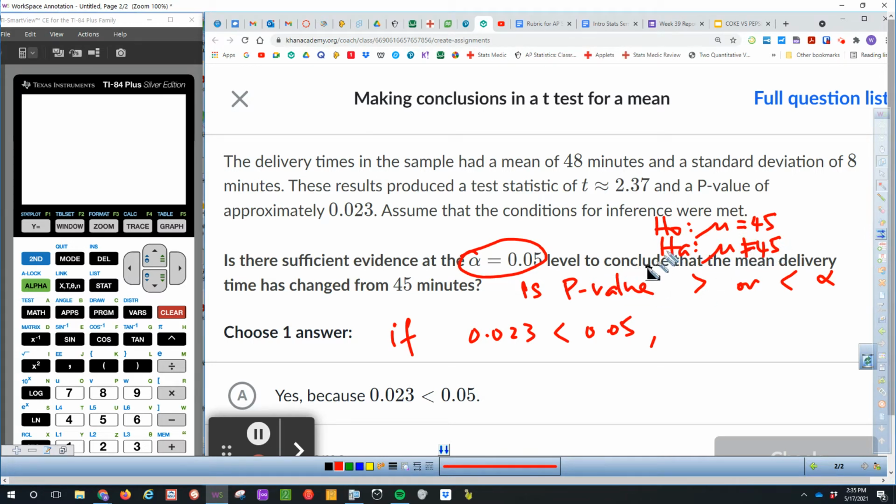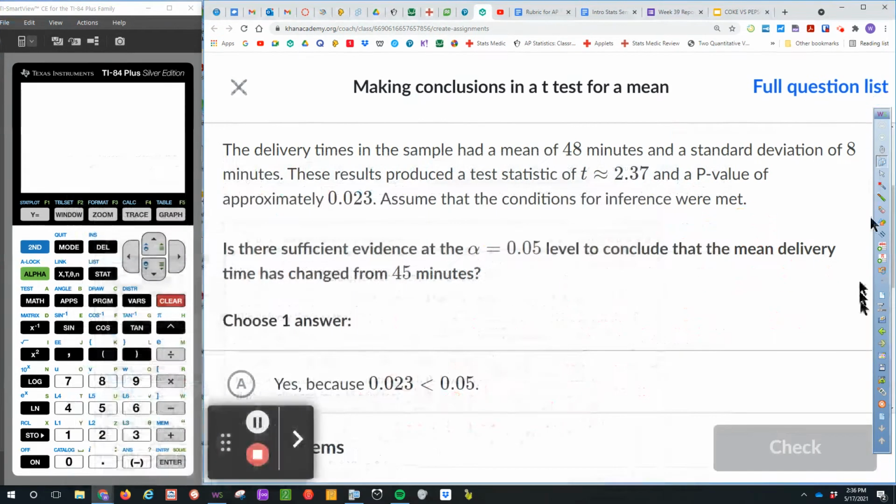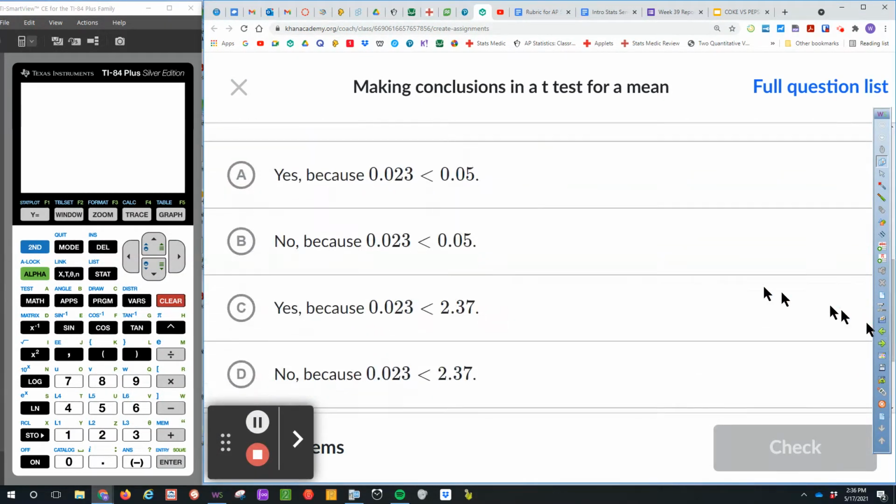If your p-value is less than 0.05, your alpha, then we reject H naught, which means that we have sufficient evidence to conclude that the mean is not equal to 45, that it has changed. So is there sufficient evidence that it has changed? Yes. Why? Because 0.023 is less than 0.05. So the first one is the answer.